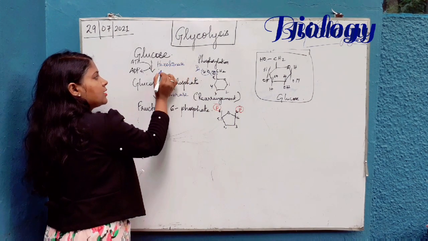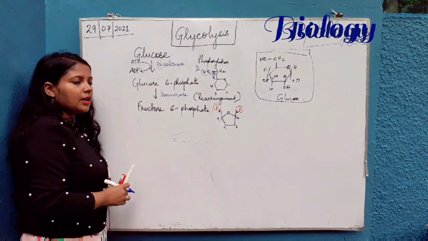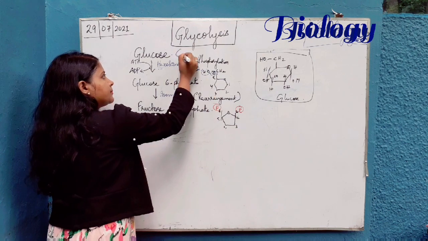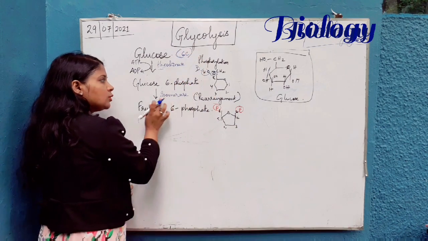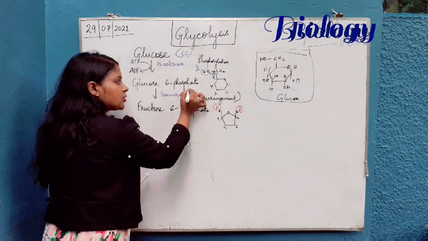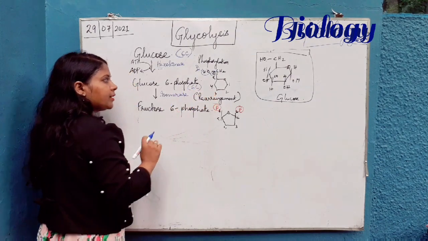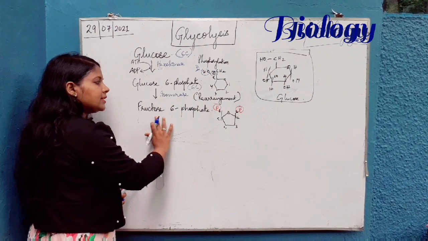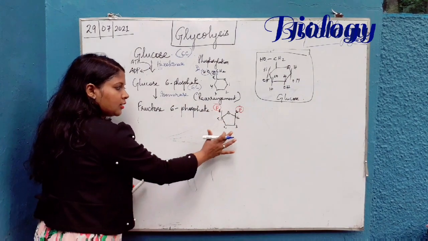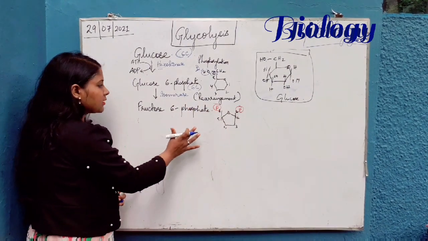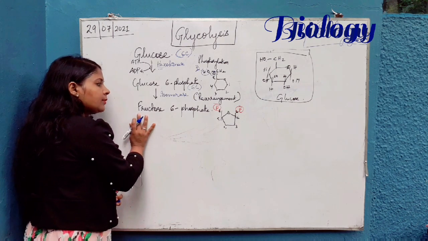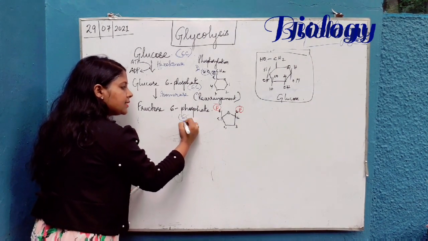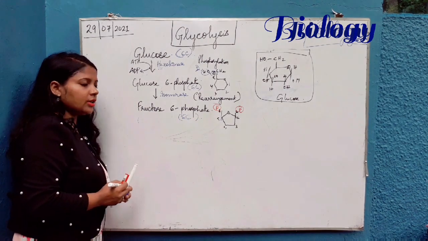Hexokinase enzyme, because it is of 6 carbon atoms. Here also it is 6 carbon atoms. In glucose 6 phosphate there is no change in the carbon atoms, only 1 addition of phosphate has taken place, and here only a rearrangement of the structural type of the carbon atoms, but the number of carbon atoms will be the same.